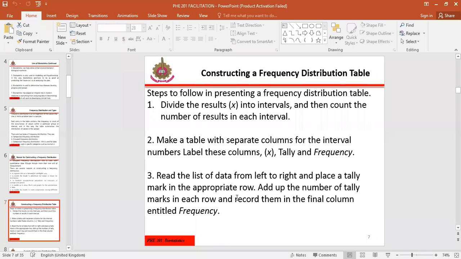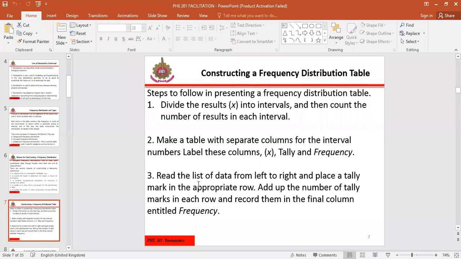Step 2 is that you make a table with separate columns: the interval of numbers, which you label as X, the column for tally, and the column for the frequency.